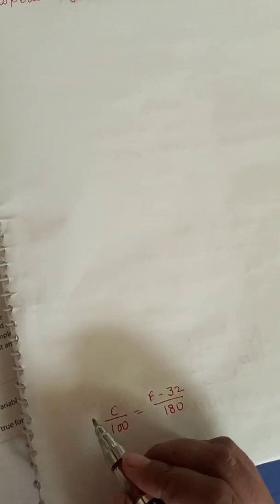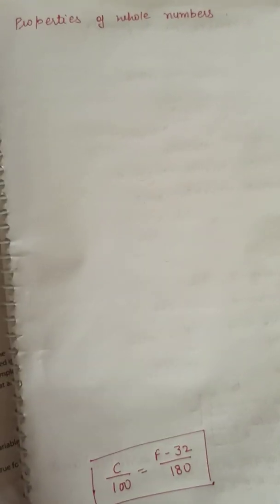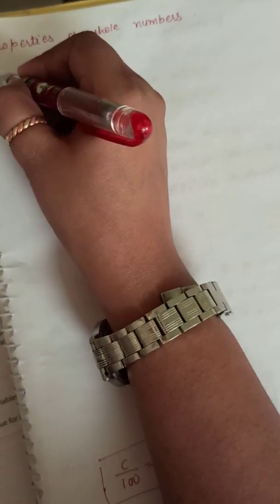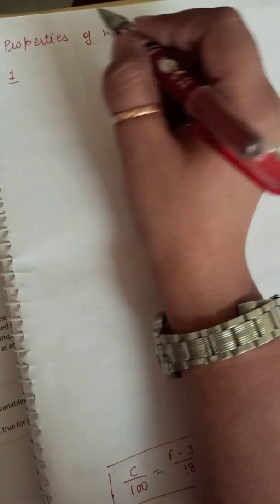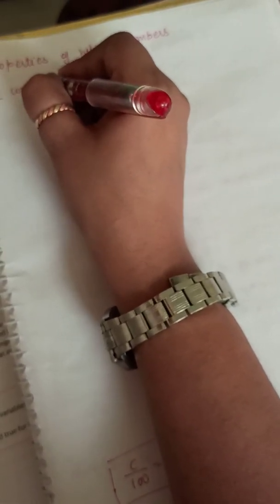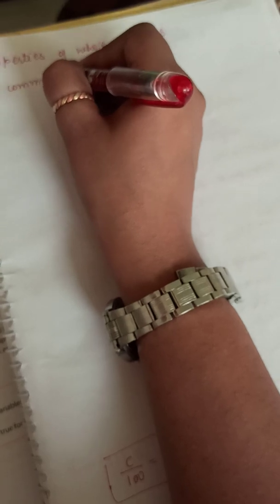In this, you have to identify the variables. This is work for you. After this, the properties of whole numbers. The first property is commutative under addition, or you can say the commutative property of addition.